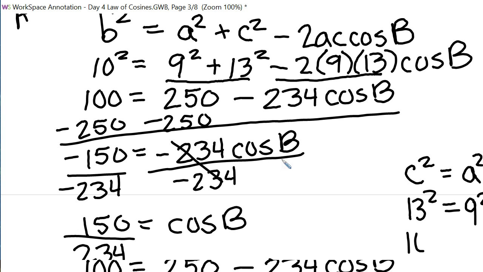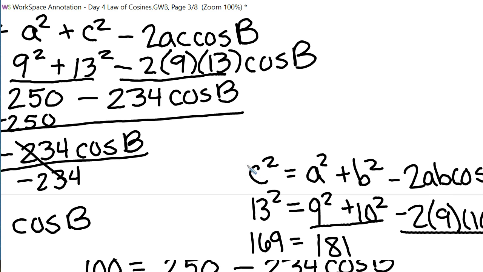So this would be 169 equals, go ahead and add these together. What's 81 plus 100? 181. Go ahead and multiply these three. What's negative 2 times 9 times 10? Negative 180. Negative 180 times the cosine of angle C. Now we want to get the cosine by itself, so what should we do next?